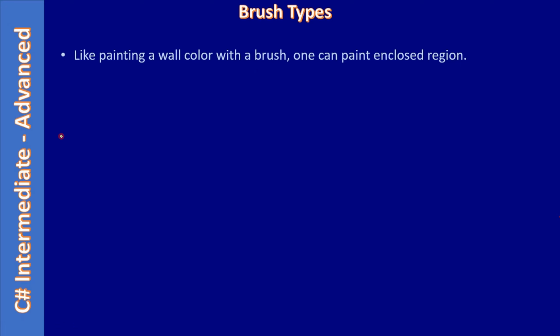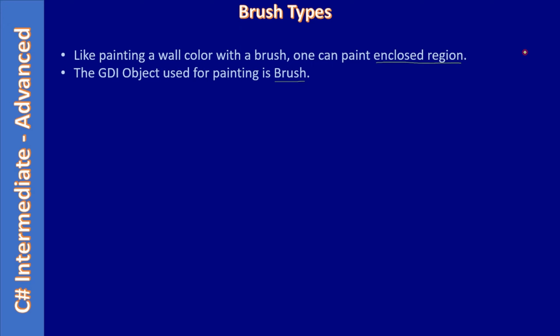In GDI+ also, the concept is similar. We can paint an enclosed region with a brush. The GDI object used for painting in GDI+, or the graphical device interface of the .NET framework, is the brush. We use a brush to paint the enclosed surface.